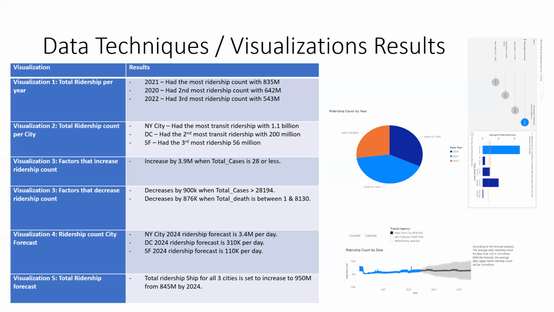And the next visualization predicts what would decrease the ridership count. Based on the results, the transit ridership counts would decrease by almost 900,000 a day when total cases were above 28,000, and would also decrease an additional 876,000 when the total deaths were between 1 and 8,000.